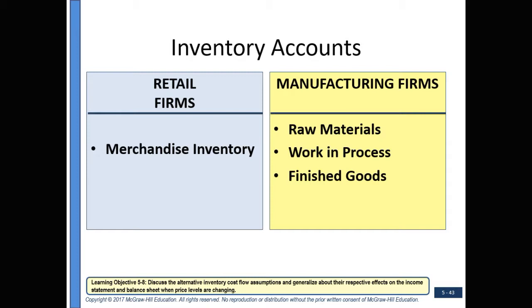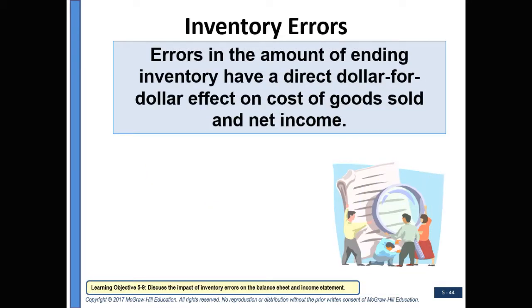With inventory, of course, there's a potential for errors. Errors in the amount of ending inventory have an actual dollar-to-dollar effect on things like our cost of goods sold and our net income.